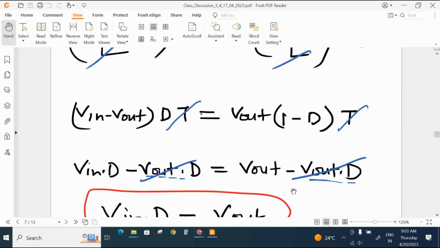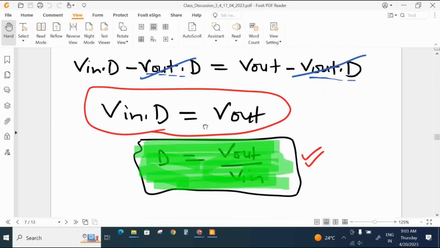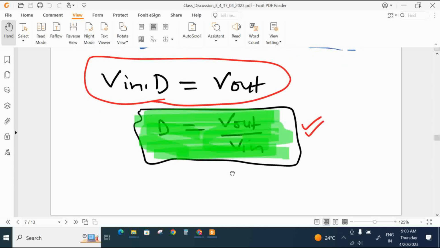If you calculate this, you will get V out equal to V in multiplied by D, where D is your duty cycle. You got the formula, duty cycle is equal to V out upon V in. Okay guys, according to that you can calculate your duty cycle, output voltage, input voltage, everything.